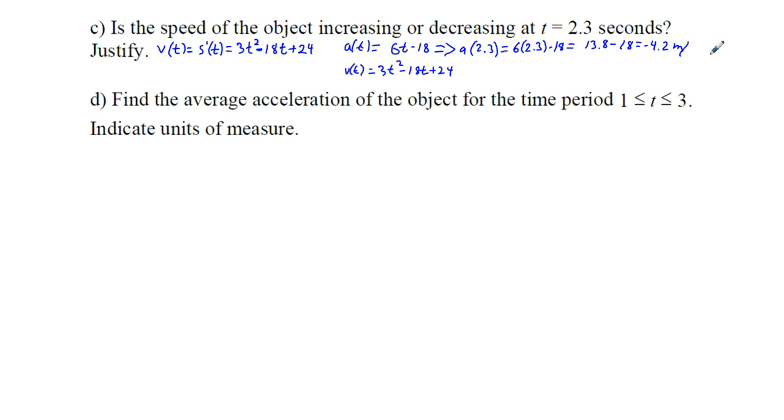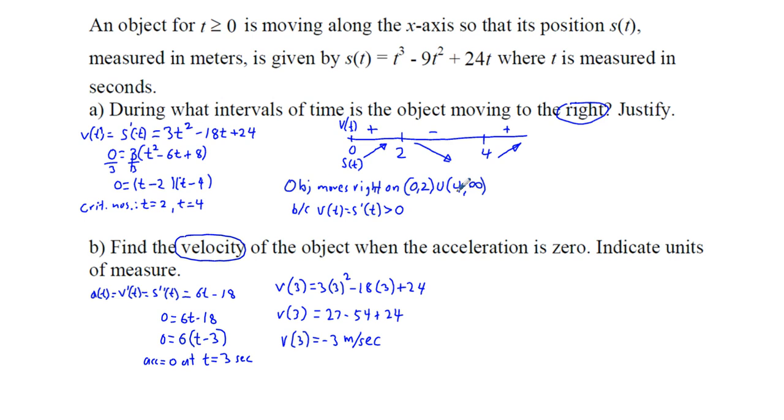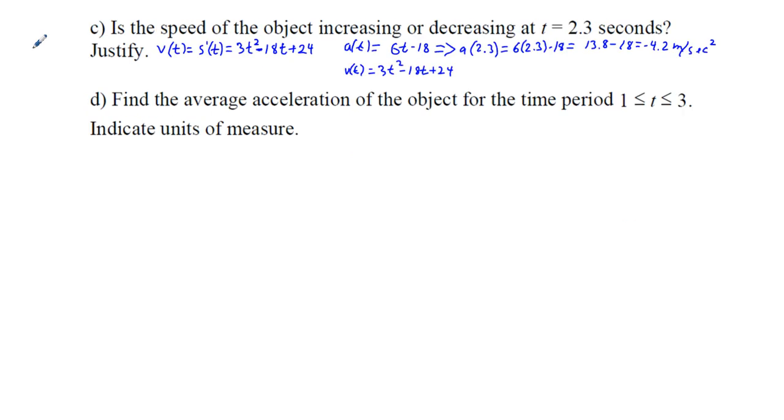meters per second squared. And then over here, v of t at t equals 2.3 seconds, we can go back to our number line analysis and we can say, okay, well, we don't know exactly what it is without plugging in, but we can say at t equals 2.3 seconds, v of t is less than 0.